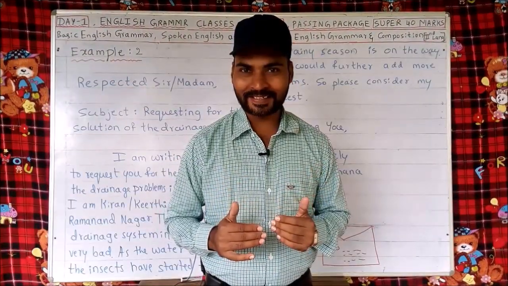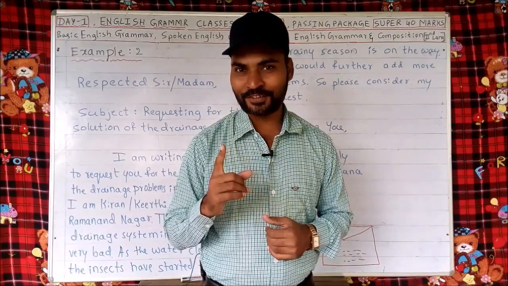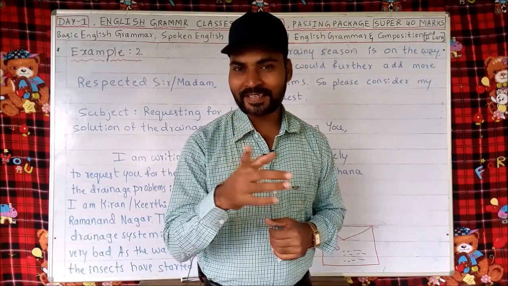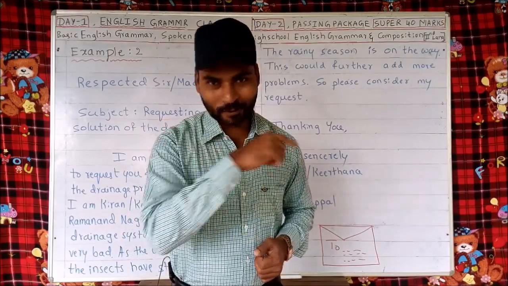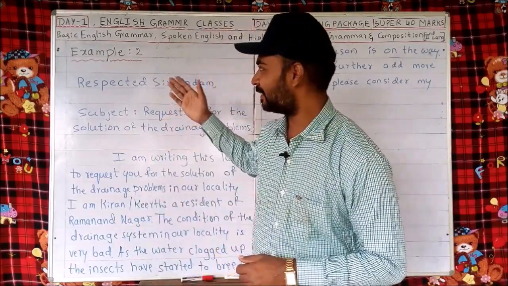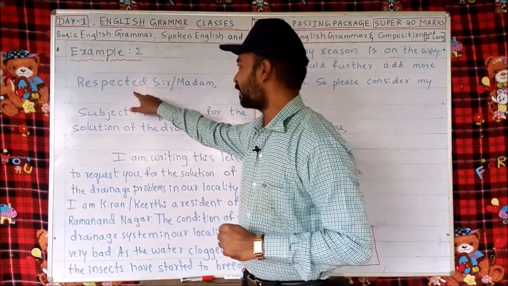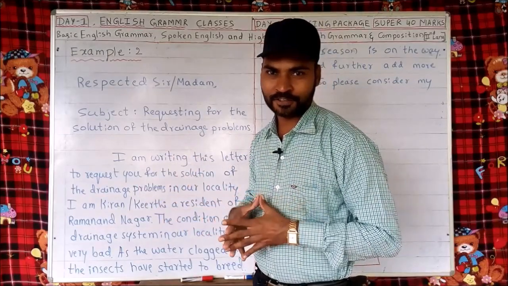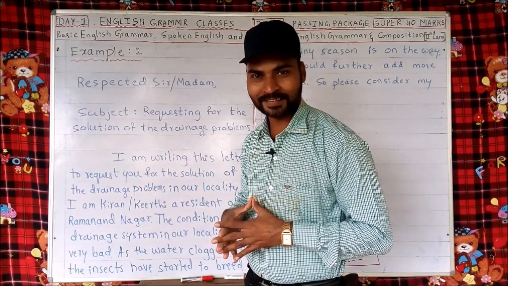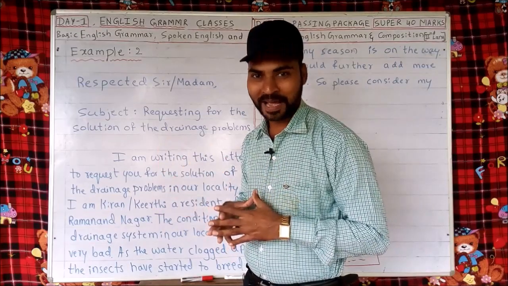We are discussing here the question paper of June 2020 annual exam, second language English. Now let's go for the fourth step, that is salutation or greeting. Respected sir, madam. If the commissioner was a sir, you may write sir. If the commissioner was a madam, you may write madam.